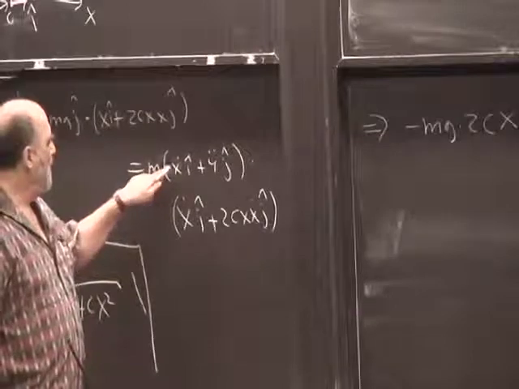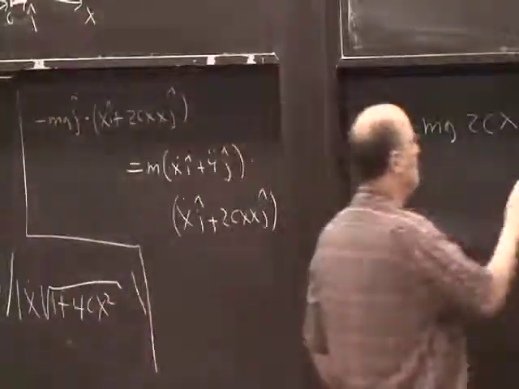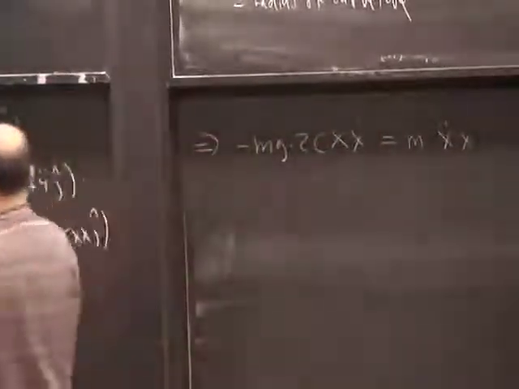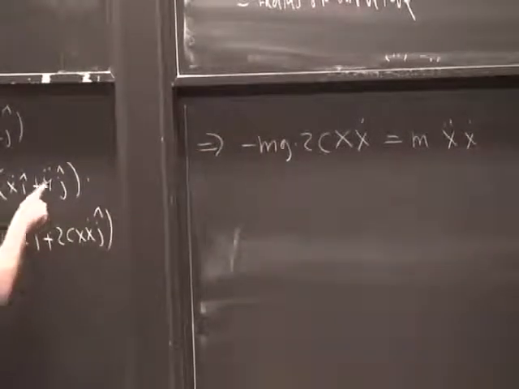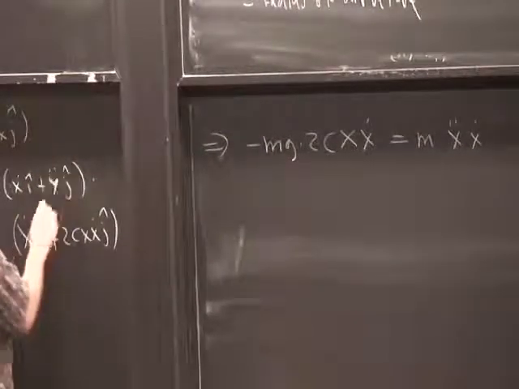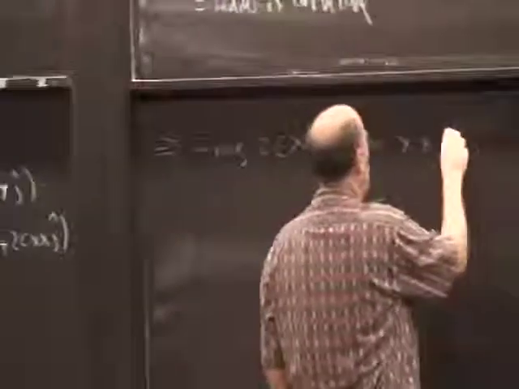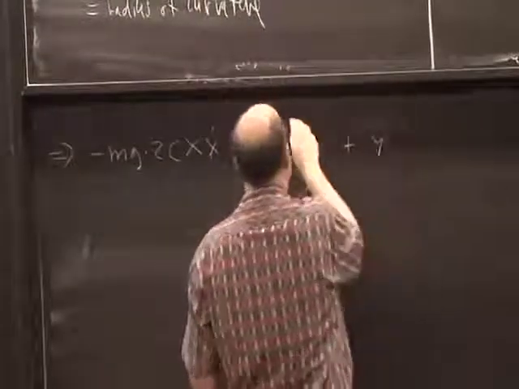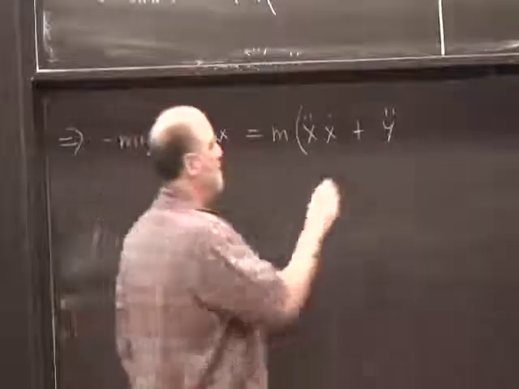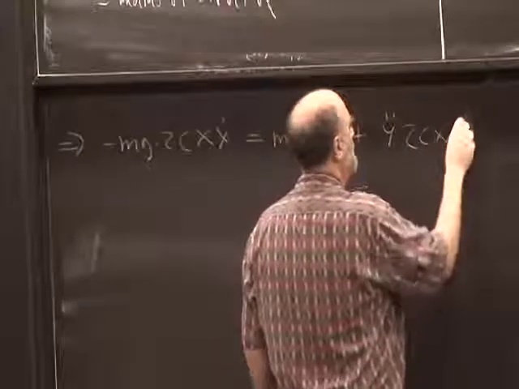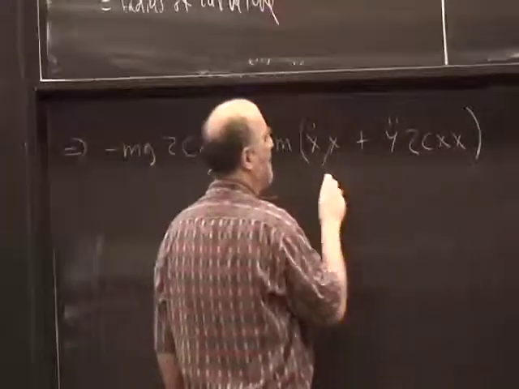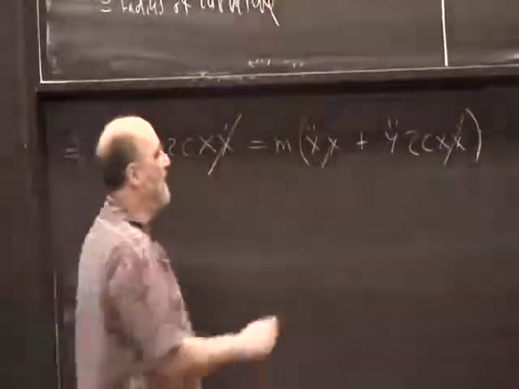We have an m, we have an x double dot times x dot, m x double dot times x dot, and then we also have a y double dot times, and y double dot is yet to be worked out. So we have also plus y double dot times 2cx x dot. And if we assume x dot is not 0, we can cross that off.